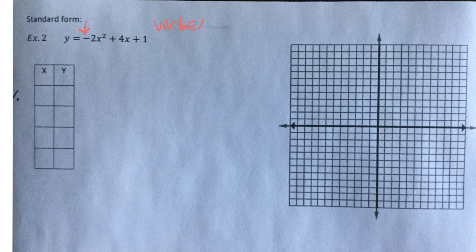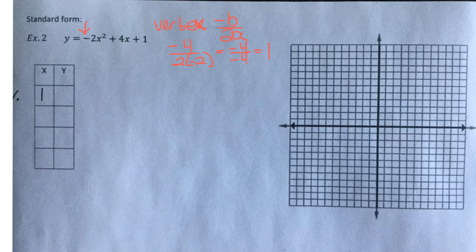And we find our vertex in standard form by using -b divided by 2 times a. This gives you the x value of the vertex. So that's -4 divided by 2 times -2, which is -4 divided by -4, which is +1. So I'll start my table with a +1.